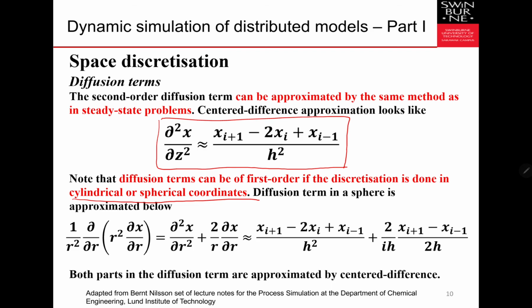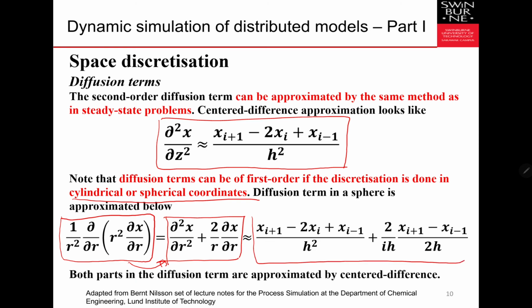The diffusion term in a sphere can be approximated as below. This one is the one that we want to approximate. That can be translated into these two terms here, and then if we change them into the finite difference form, it will become this. Both parts in the diffusion term are approximated by the centered difference.